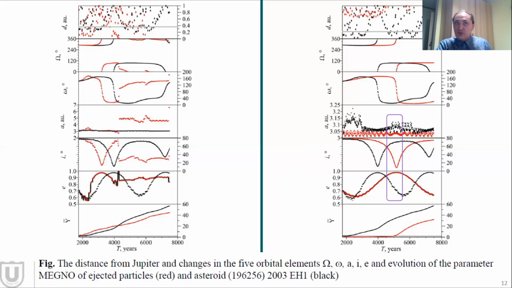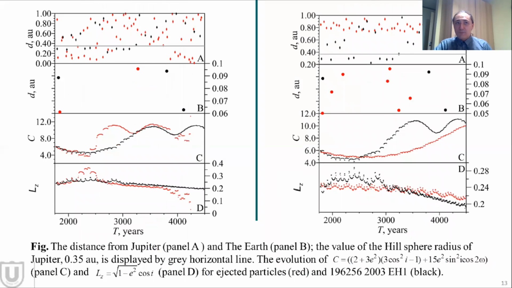But where the argument of perihelion transitions from libration around 180 to libration around 0 and back, the MEGNO parameter begins to grow slowly. When particles were away from Jupiter, the orbital rotation changes, the sinusoid becomes smooth and rings disappear.